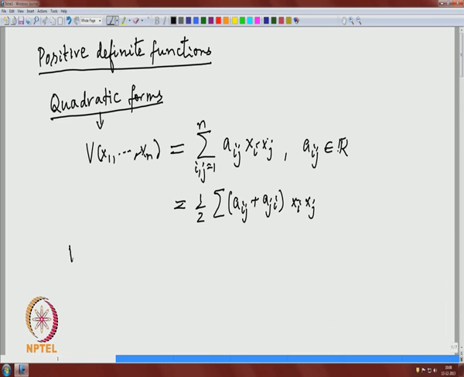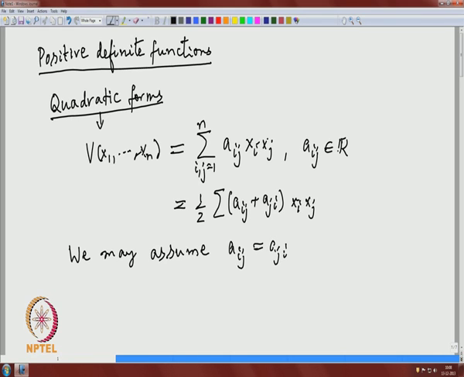So, the idea of writing this thing. So, we may assume, and this is the key assumption, without changing the form, that A_ij is A_ji. Okay.